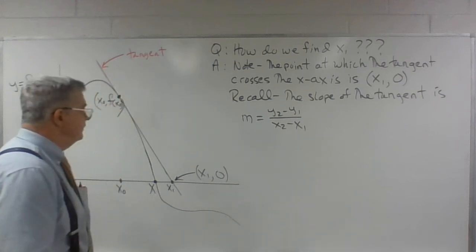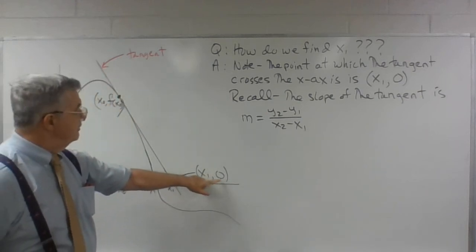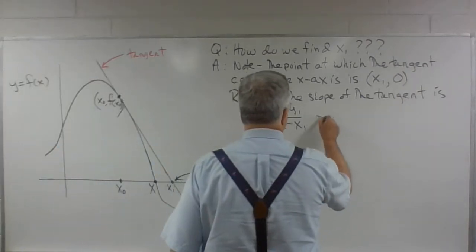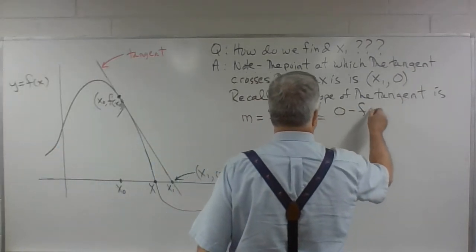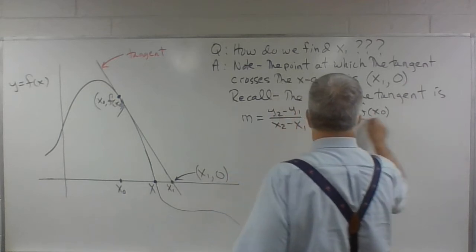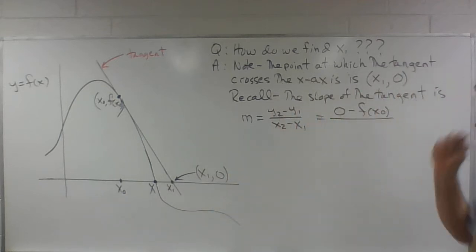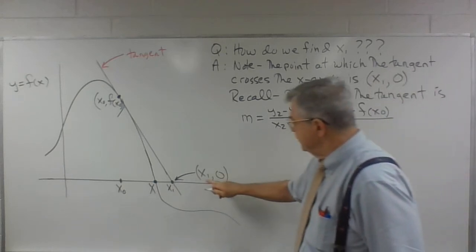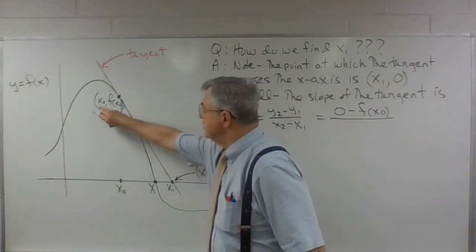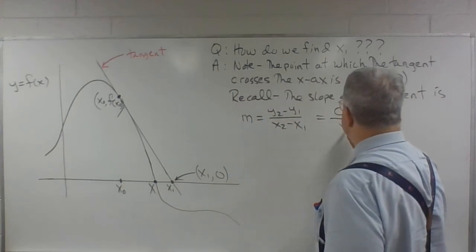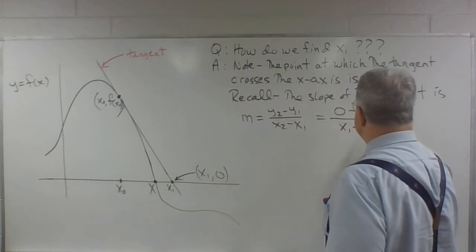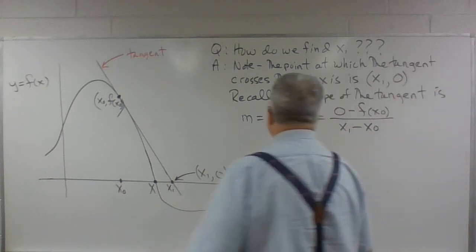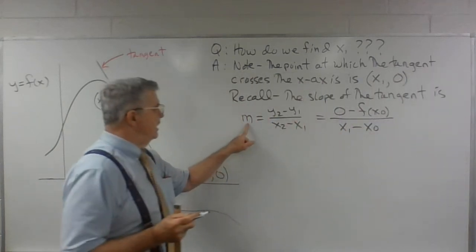So let's see, the difference of the y-coordinates, 0 and f of x of 0, and then the difference of the x-coordinates, x of 1 minus x of 0. So that's the slope of our line.